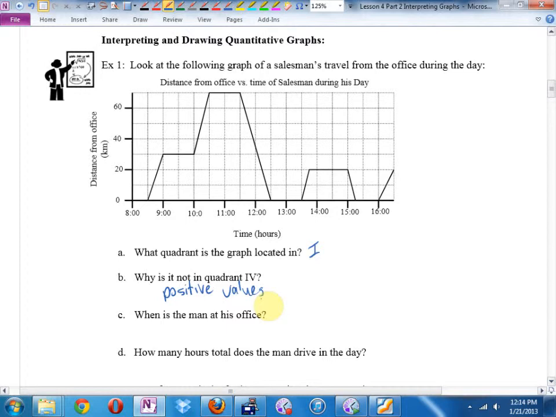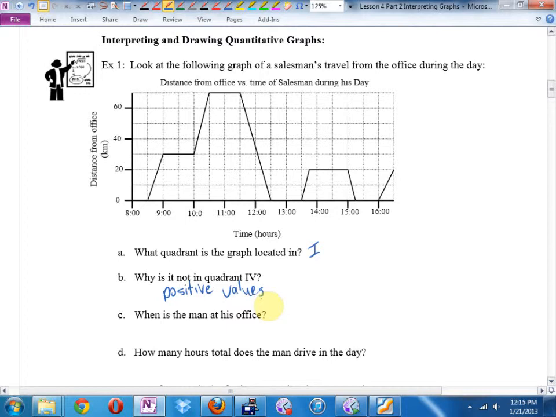If he's in his office, how high is the y value? 0 high? Are you saying it's the x-intercepts? Because you said x-axis, and I thought for a second he's going to say x-intercepts, and I'm going to be thrilled. It's the values on the x-axis.